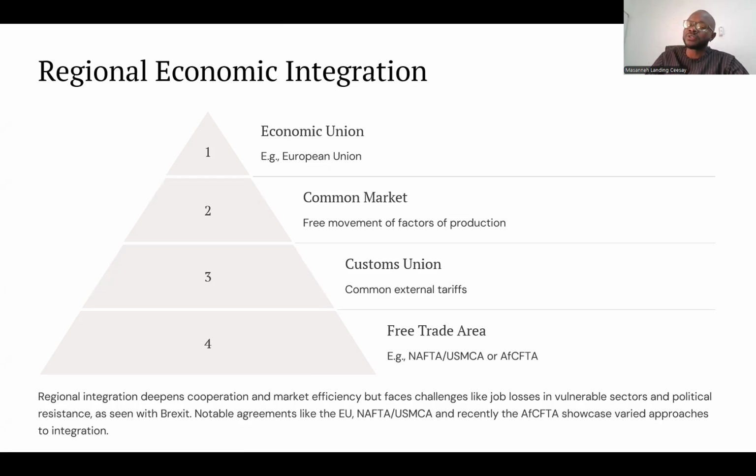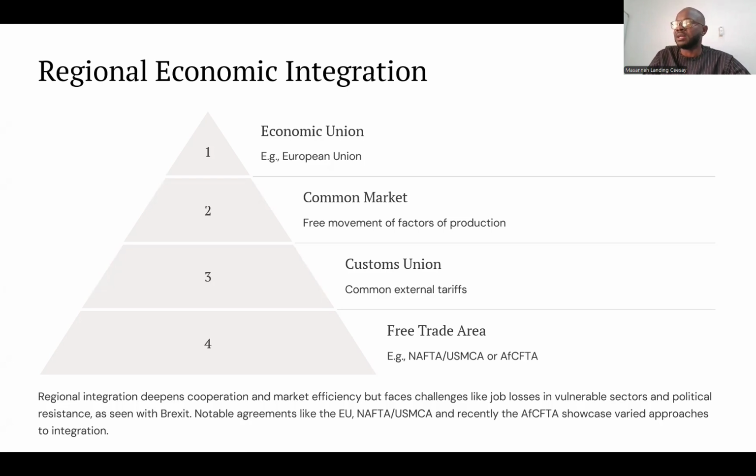And then you have the customs union, where countries would have a common external tariff. So they would basically charge the same amount to goods that are coming from countries outside those that are part of the union. And then you have the free trade agreement.